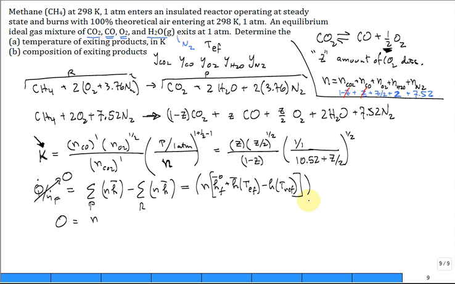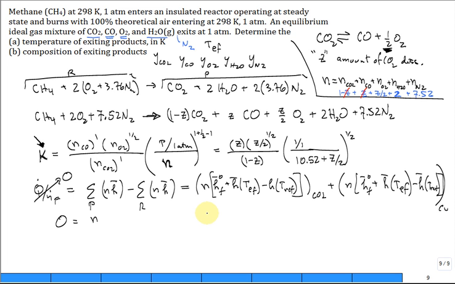First product would be CO2. Then you would do the same thing. You would say N times the enthalpy of formation plus the enthalpy at the unknown equilibrium flame temperature, that's the product exiting temperature, minus H bar T ref. And that's all for the second product, which is CO.